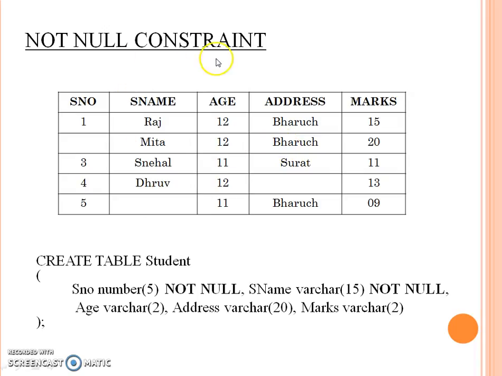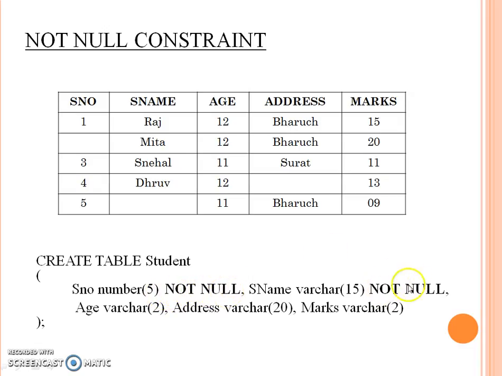The not null constraint. Suppose we have a student table and I have not entered any value and not given any constraint. Now if we want to add a constraint to this table such that the record value for the S number should not be an empty one, I am going to have S number and the constraint will be specified in this way, that is S number int not null.